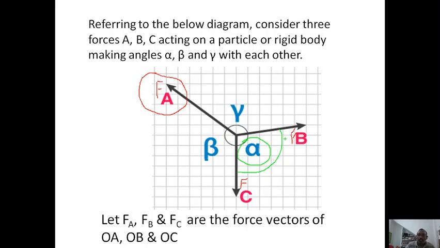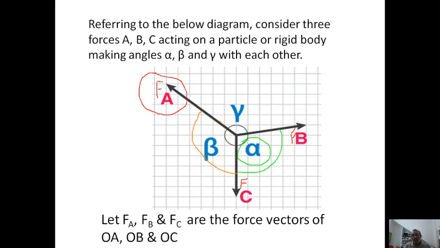If I am talking about Fb, the other two forces are Fa and Fc, so I should take the angle between Fa and Fc. Hence for Fb, the angle is beta, that is sine beta.